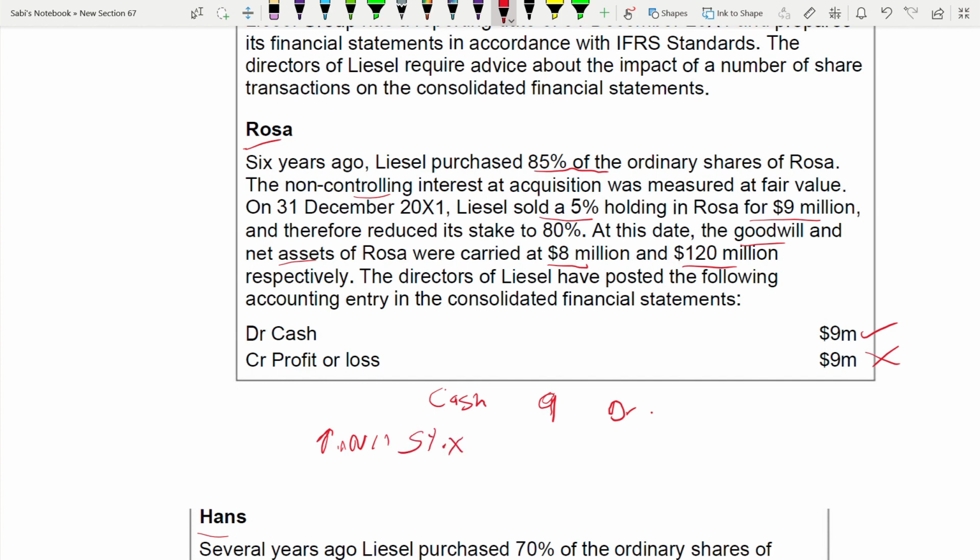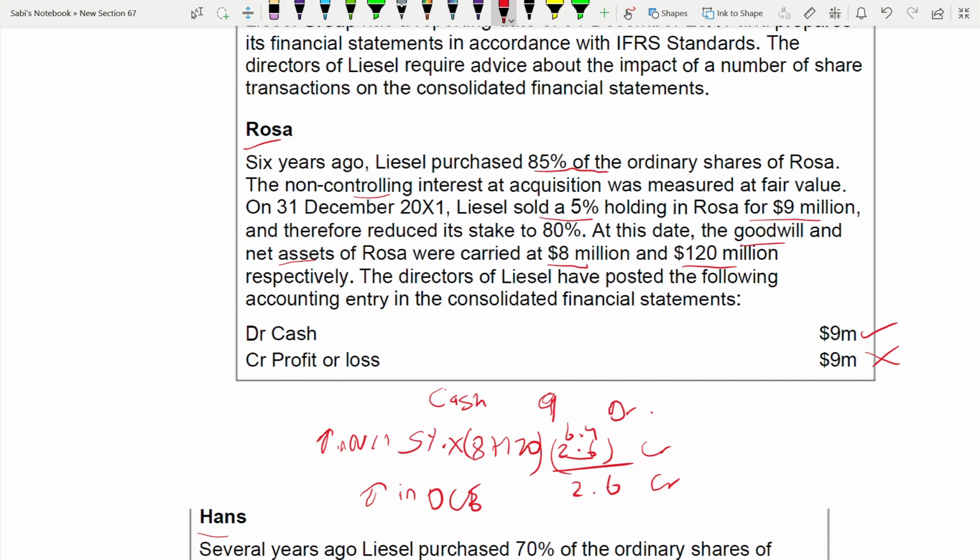When it's an increase, you have to take 5% of what? Goodwill and net asset. So add your goodwill and net asset, which is 8 and 120. If you apply 5% on 8 plus 120, it will be 6.4. Sorry, I first said 2.6, but this is 6.4. The answer is 6.4. This is a credit balance because this is an increase in NCI.